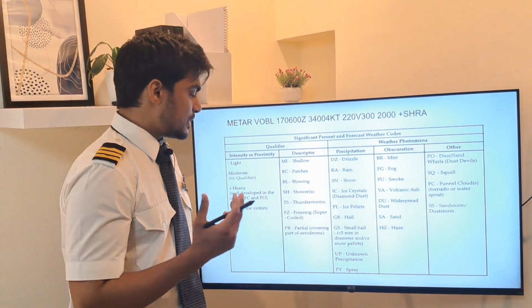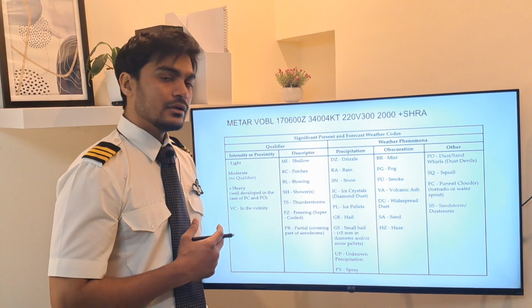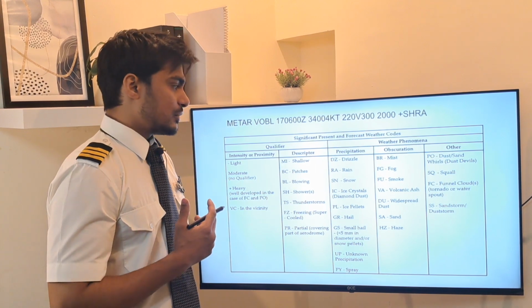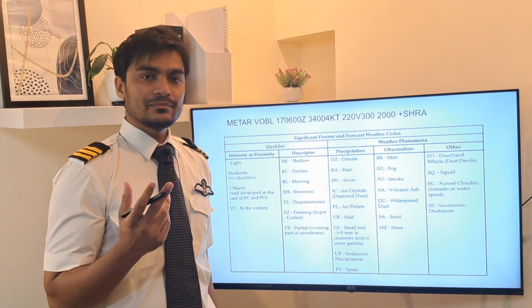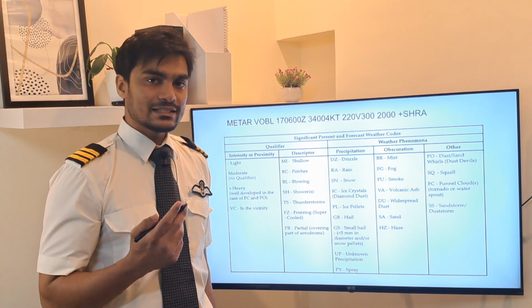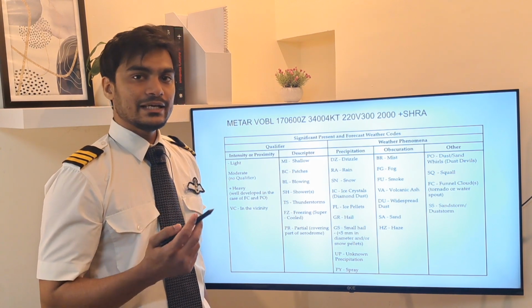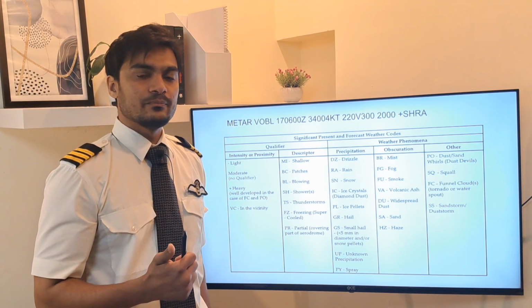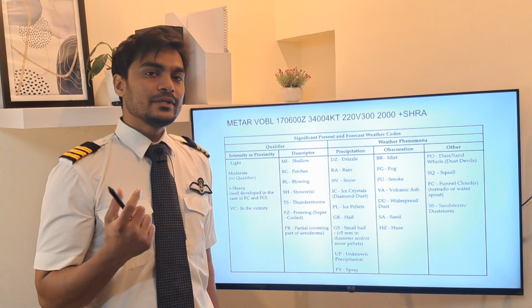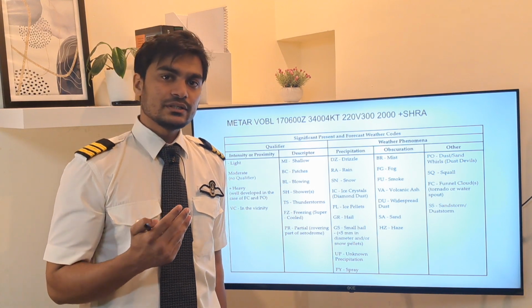Okay. Now among these weather phenomena, we also have thunderstorms. Thunderstorm is always mentioned in a METAR whenever it is heard in the last 10 minutes. It is always denoted as TS. It can also be TSRA, if you are hearing thunderstorms as well as experiencing rain. If there is no rain, it will only be denoted as TS, that is purely thunderstorm.